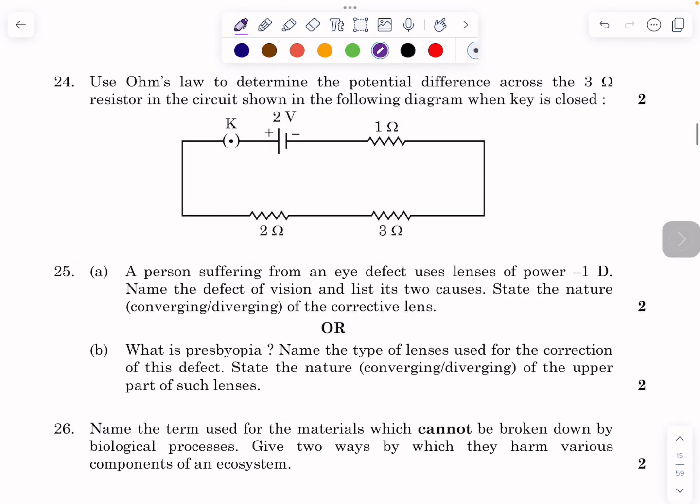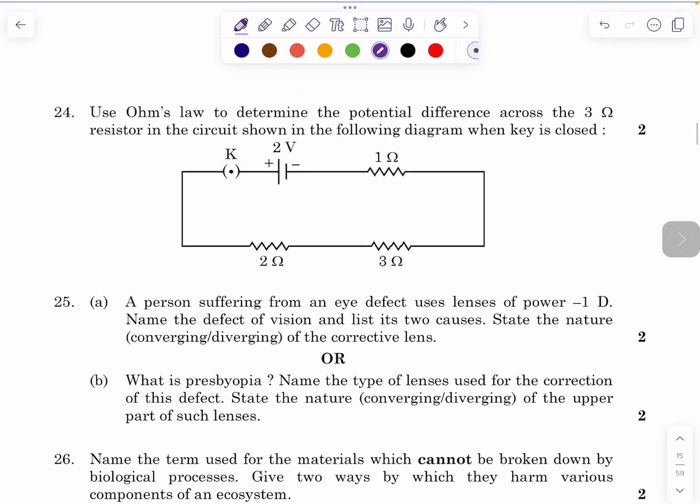Next, coming to question number 24. Use Ohm's law to determine the potential difference across the 3 ohm resistor in the circuit shown in the following diagram when the key is closed.